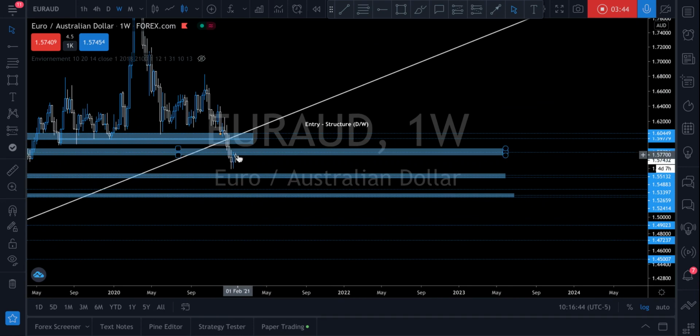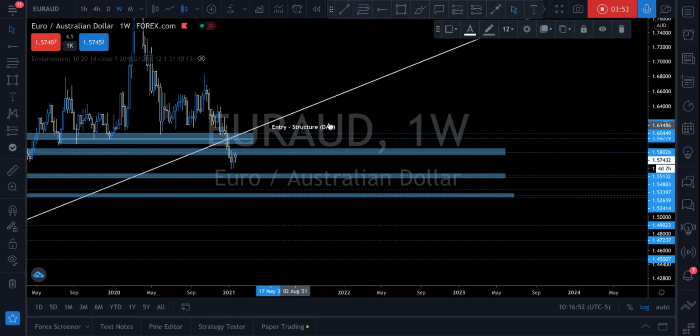So basically, if we do end up closing this area out, as you can see, we made a push upward, testing this area as resistance as well already. Therefore, it's likely for us to start seeing this zone right here as a resistance zone.